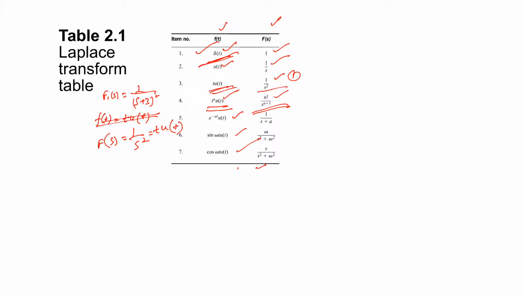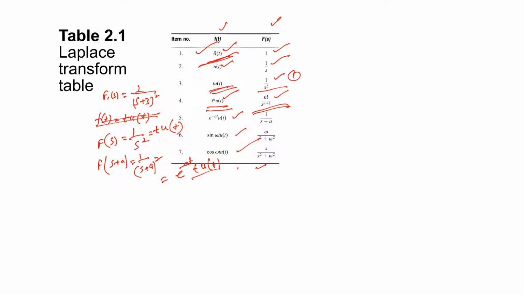So the inverse Laplace transform of F(s plus a), that is 1 divided by (s plus a) whole square, is given by e to the power minus a t, t u(t).